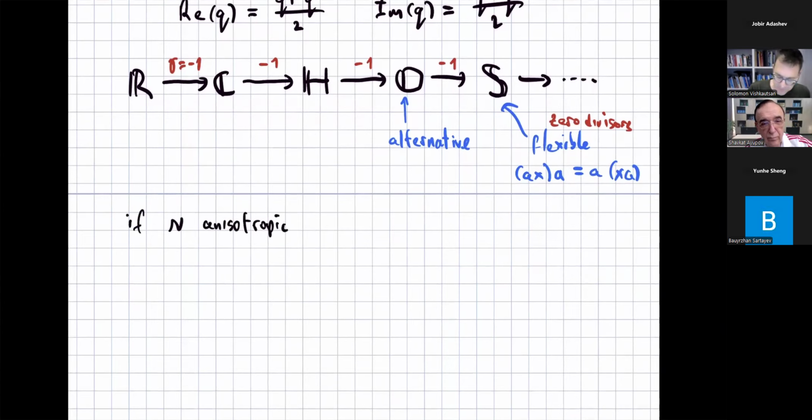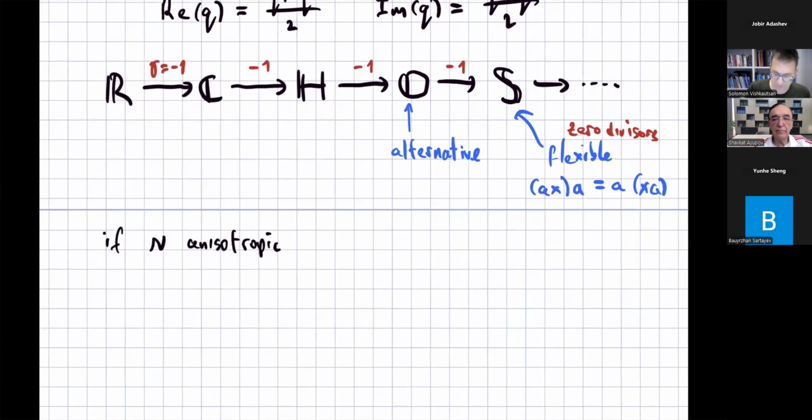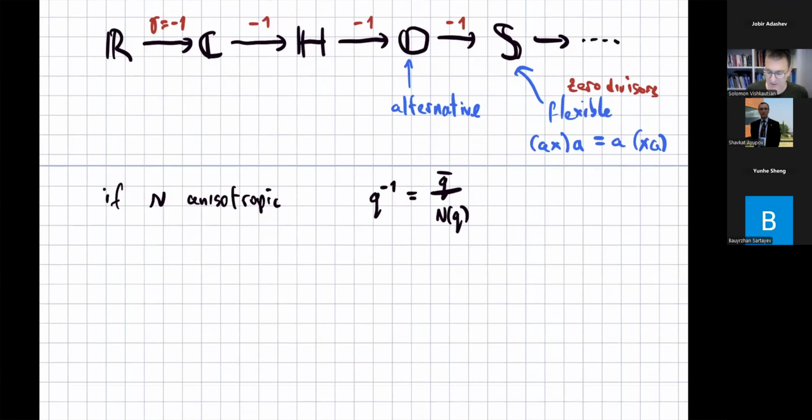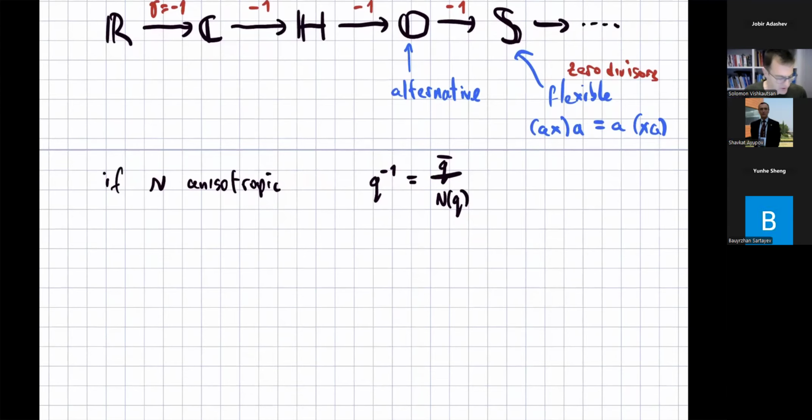So we have a kind of a division algebra structure where we have Q inverse equals Q bar over the norm of Q. And so even the sedenions have inverses, but you can argue if it's a division algebra or not because it has zero divisors. It's a bit of a weird structure.